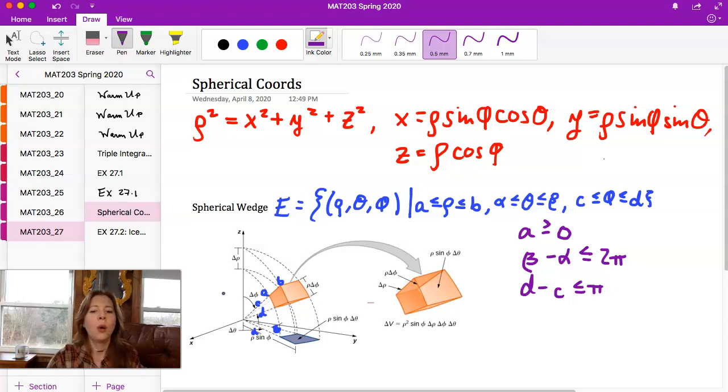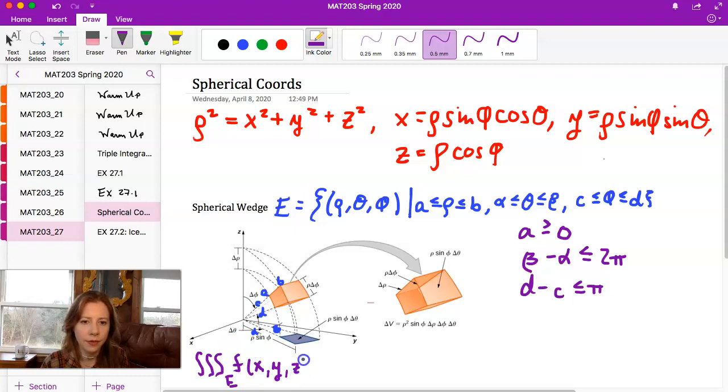All right, let's do one example here, and bear with me. Actually, oh, sorry, one more thing, of course. Let's just talk about our conversion. So our conversion is going to be from Cartesian to spherical coordinates. We're going to do the triple integral over E for our function of x, y, and z dV.